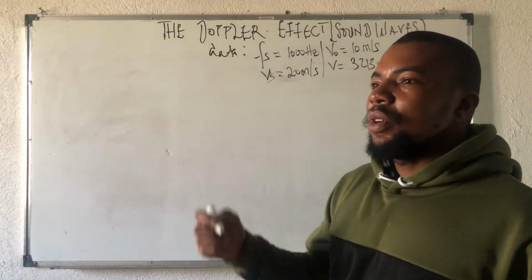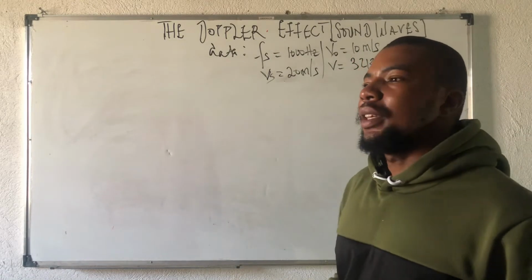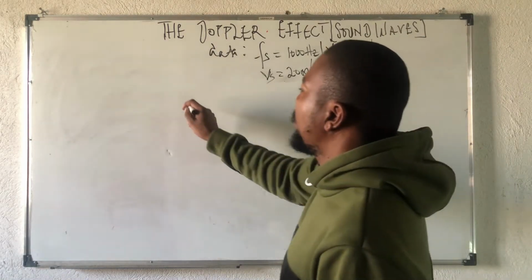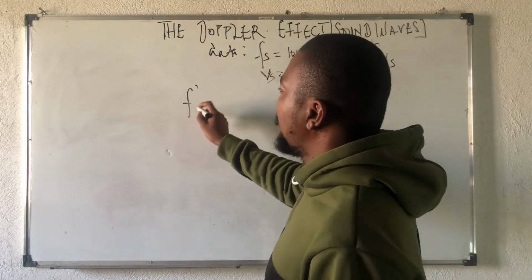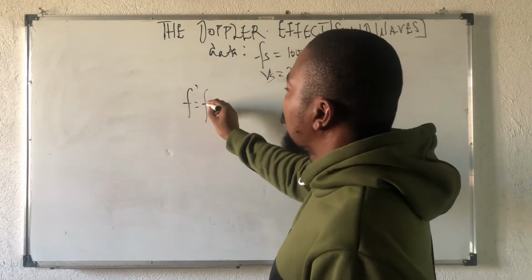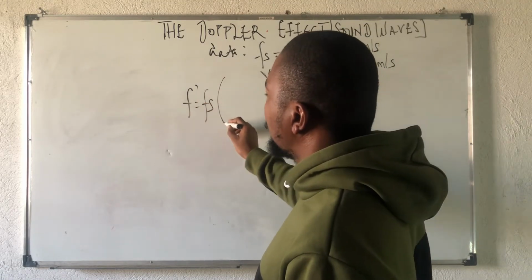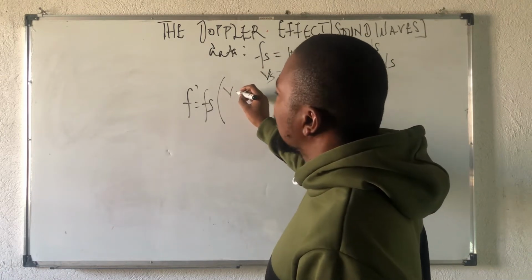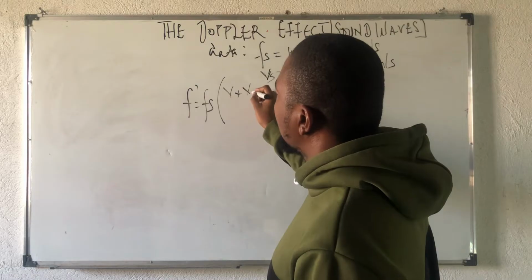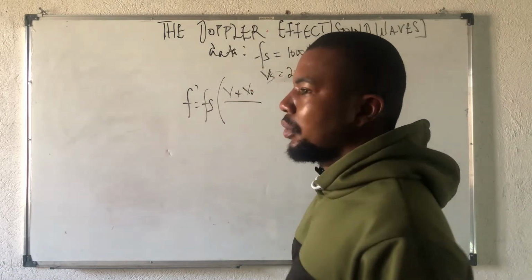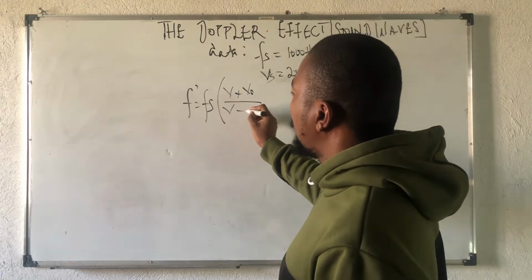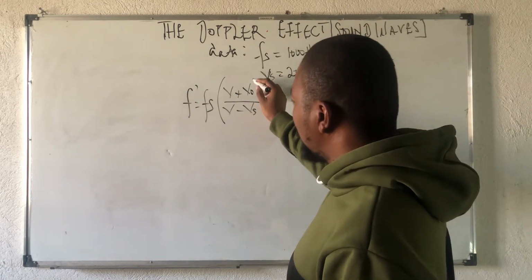Since they are both moving towards each other, we are going to use the standard formula for calculating the apparent frequency, which is f prime equal to the frequency of source multiplied by the speed of sound in air plus the speed of observer, divided by the speed of sound minus the speed of source.